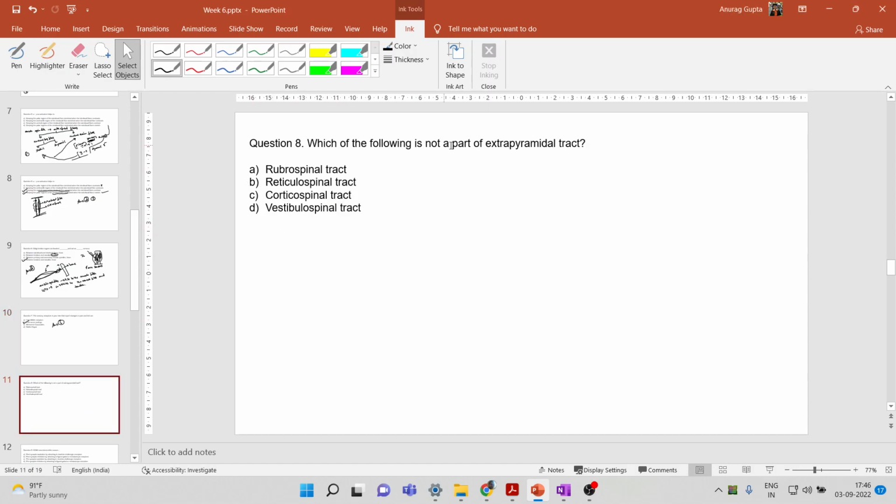Which of the following is not a part of the extrapyramidal tract? Again, I'll give you 30 seconds and then we'll discuss this.